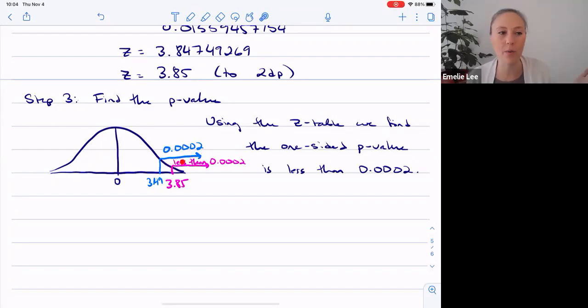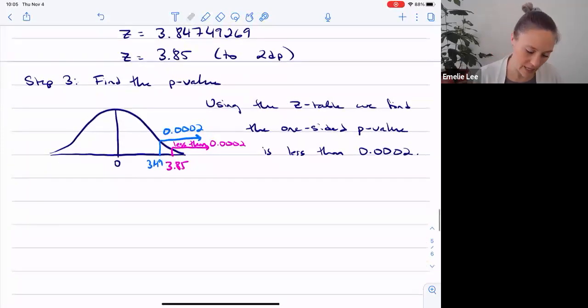I like to be a little bit more flexible, because it doesn't really make sense to me to say that it is 0.0002, but it's less than 0.0002. But even if you had to find a two-sided p-value, it would be less than 0.0002 times 2, so it would still be really, really small.